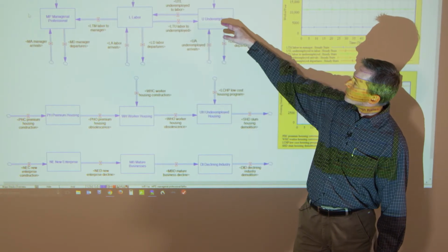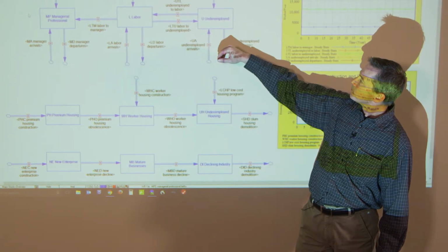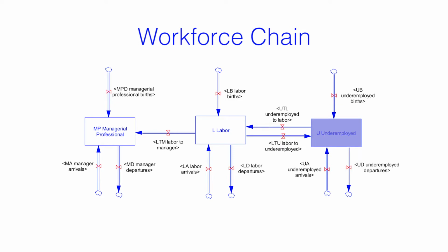And then within the house we have the workforce. You have underemployed people, which are either unemployed or can be working below living wage. Labor is those working at living wage or higher, and of course managerial professional are well above living wage. And people can move from being underemployed, using this flow here, to labor, and laborers could become unemployed and move back here.